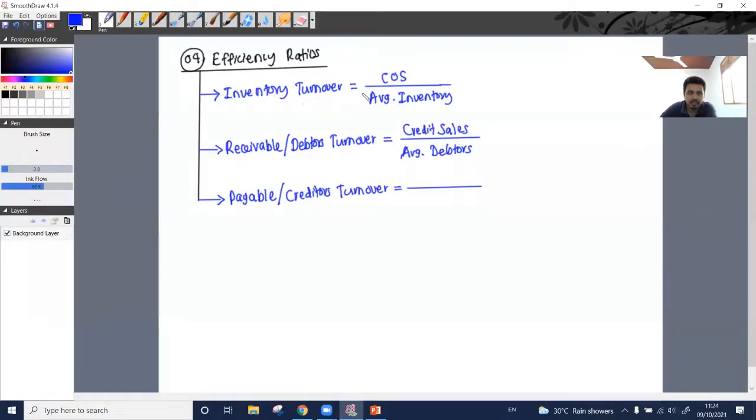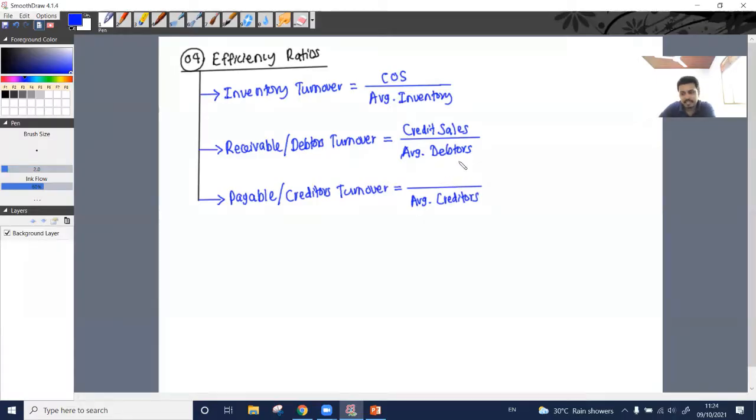When computing inventory turnover, what we consider to the denominator? Average inventory. When computing receivable or debtors turnover, we consider average debtors. Likewise, what we need to consider here? When computing creditors turnover, we need to consider what? Average creditors.